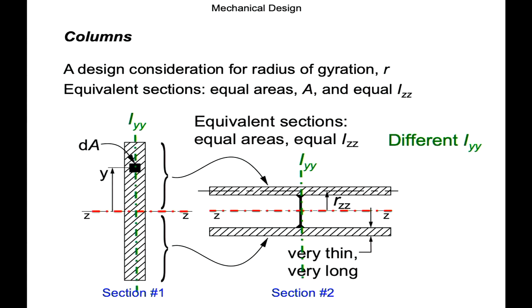But of course, we've got something like that, and we're going to want to use it as a column. And again, I've just talked about the way in which that column has its end fixation will have an impact on how it distorts and which way it's going to want to distort the most in terms of long columns and deflecting.